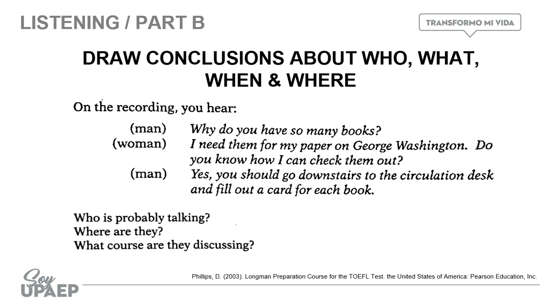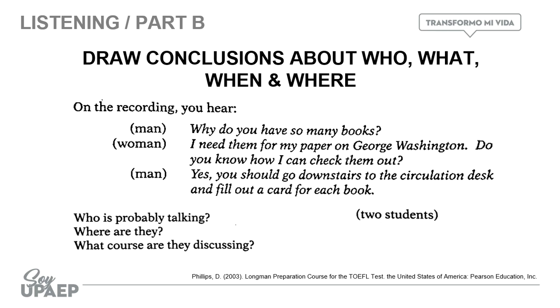So let's try to draw conclusions about the who, the where, and the what. Okay, so according to this conversation, who do you think is probably talking? Okay, maybe we can say students. Where are they?